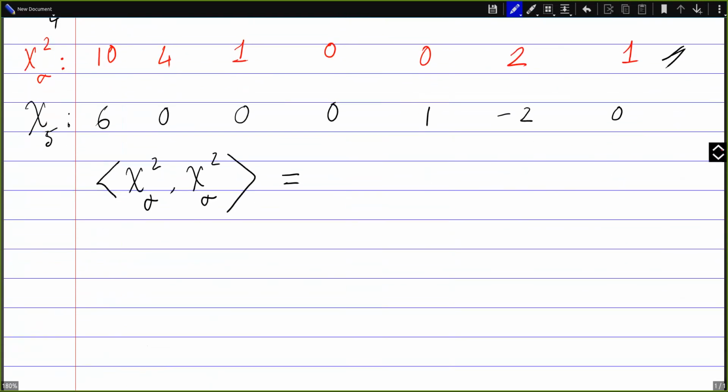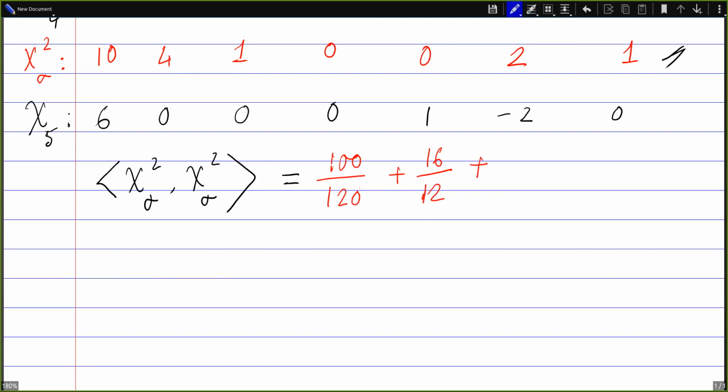So let's now make the computation. It shows 100 by 120, and the next term is 16 by 12.